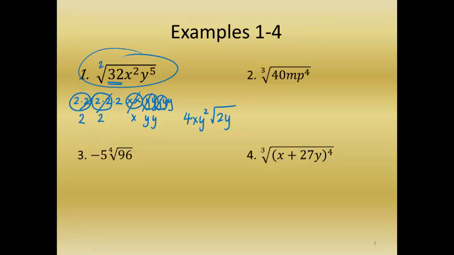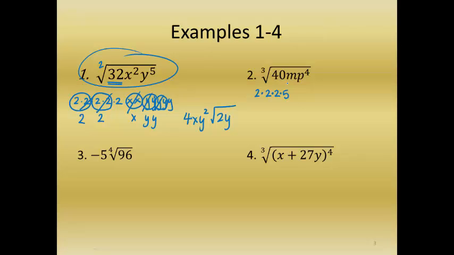Let's work on the second one. This is a cube root. So if you'd like to work with prime factorization, which is just one way of doing it, the other one is to identify any perfect cubes that are in there. I'll show you both ways. So for 40, I would write down 2 times 20, but 20 is made up of 2 times 10. 10 is made up of 2 times 5.